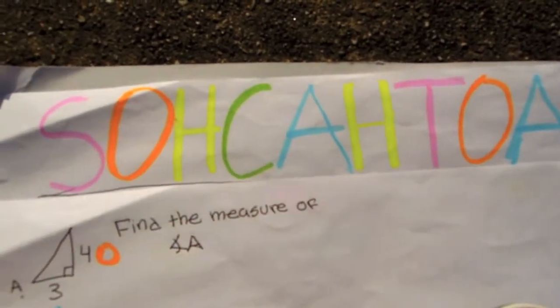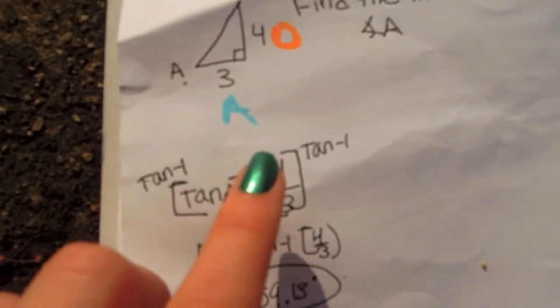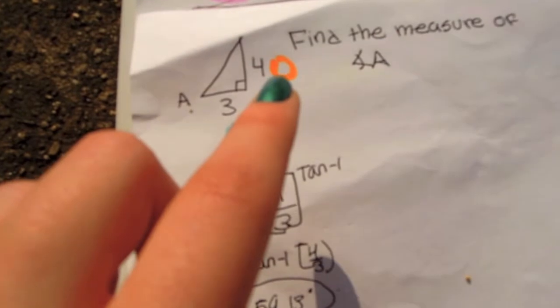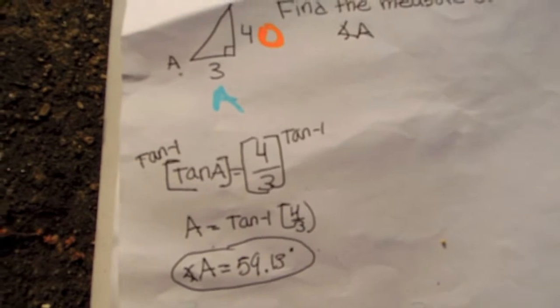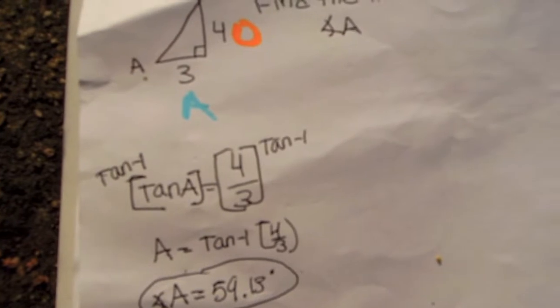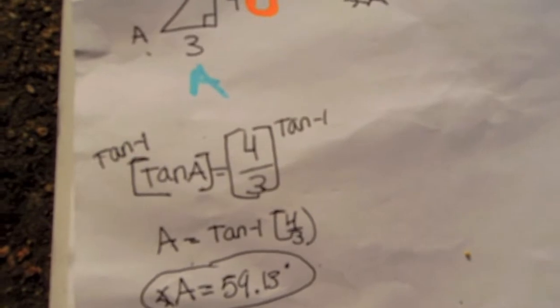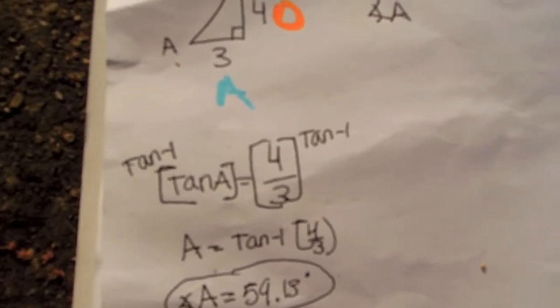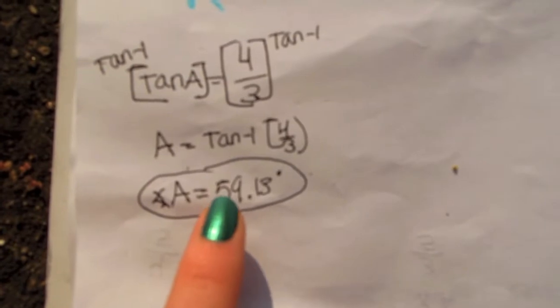So we are going to use tangent to find the angle measure. The tangent of angle A is 4 over 3, because opposite over adjacent. Then you're going to apply tan negative 1 to each side. Whenever you're trying to find an angle measure, you're going to use either sine negative 1, cosine negative 1, or tangent negative 1, because it's kind of like the inverse of each. So you get A equals tan negative 1 of 4/3. The measure of angle A is going to be 59.13 degrees.